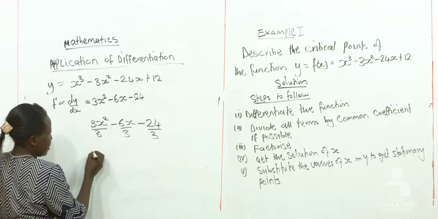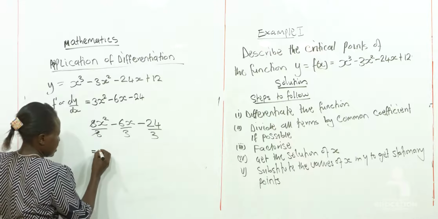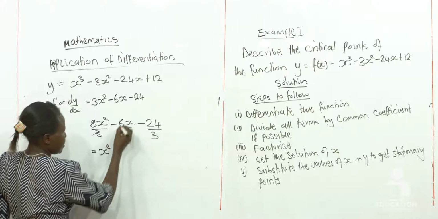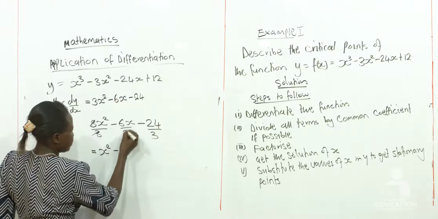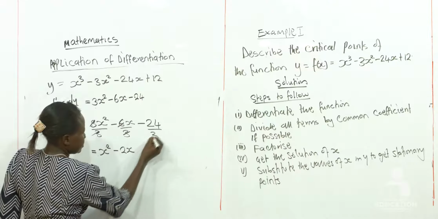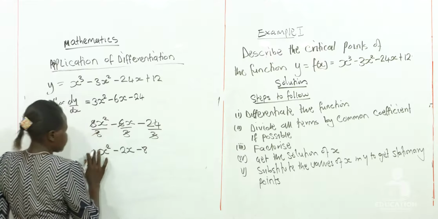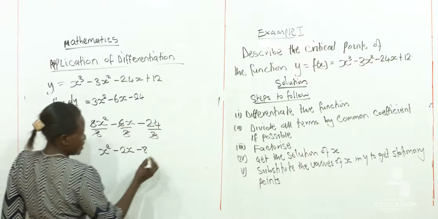We remain with x squared minus 2x minus 8.